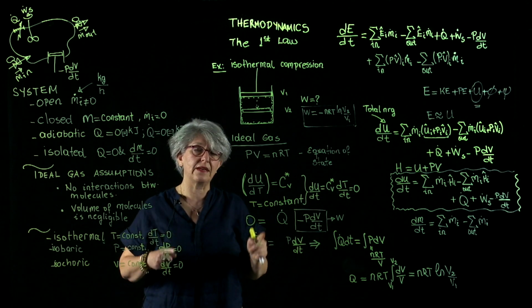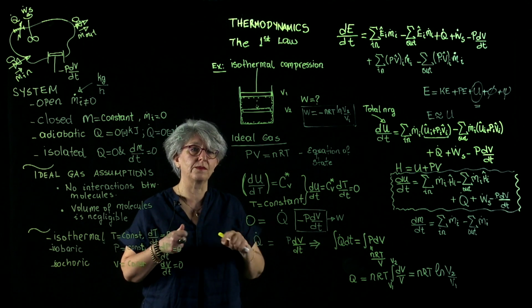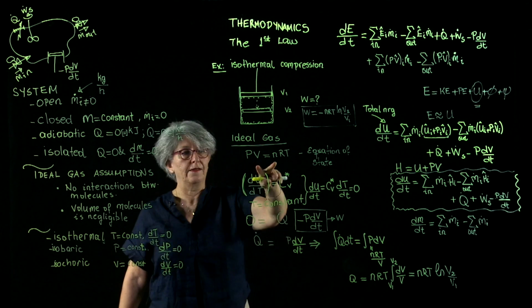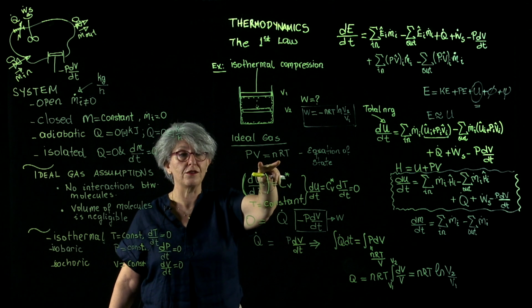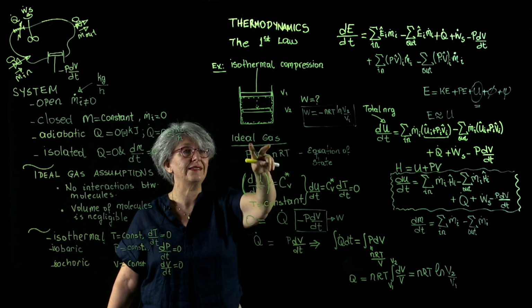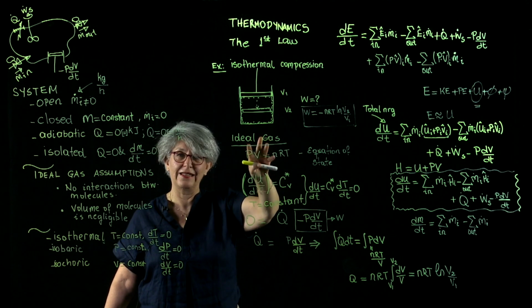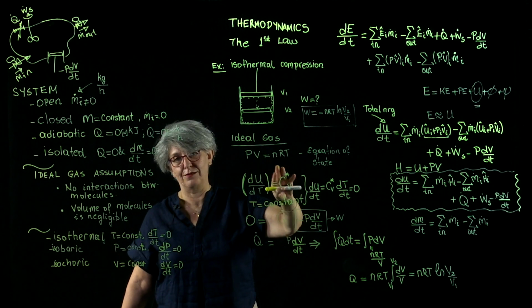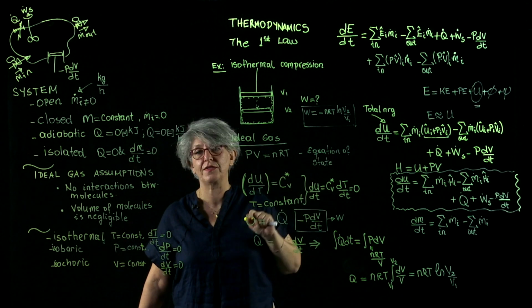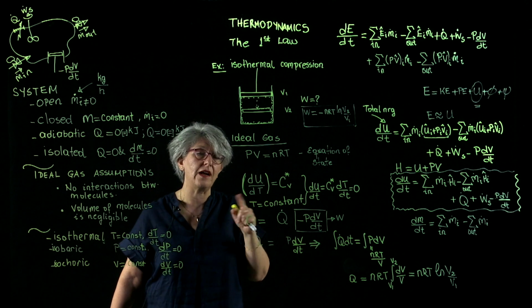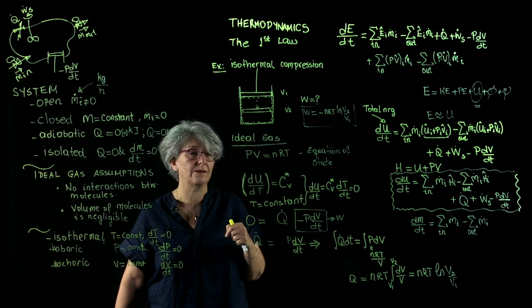Now, through this example, what have we learned? Number one, we have learned that the ideal gas law from this point on is an equation of state, an equation that allows me to determine the state of a system.